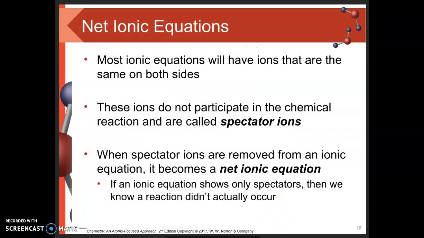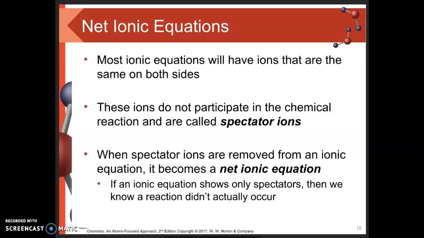Now, ionic equations give us the whole story in terms of everything in its pure form, of how it actually looks inside of the solution. Problem is they can be a little bit redundant. There are going to be parts of ionic equations that are common on both sides.